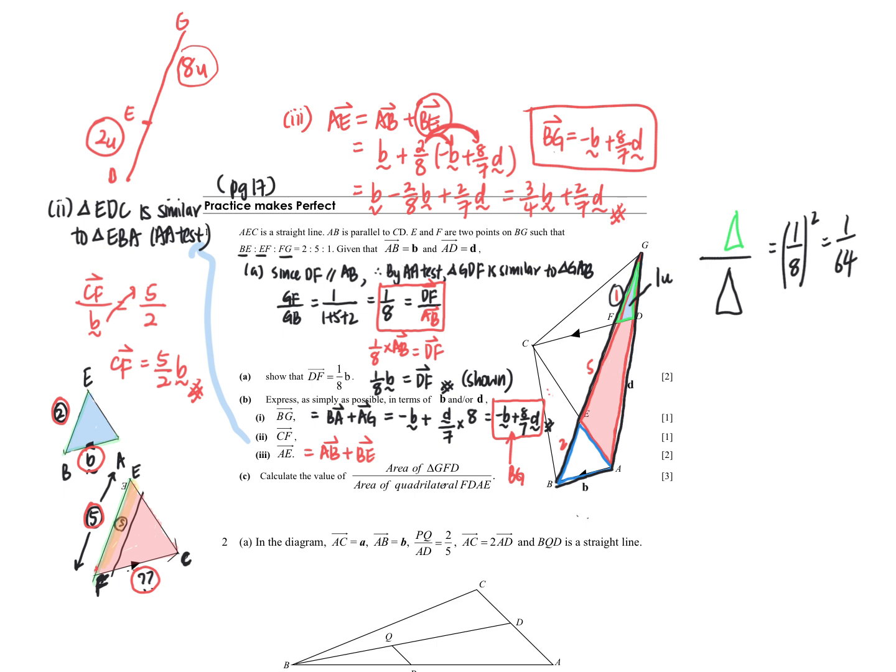Correct or not? The whole thing is 64. So, which means to say, I square this. It's the triangle. Yes. Okay, so we see this one. This one is 1. The whole thing is 64.